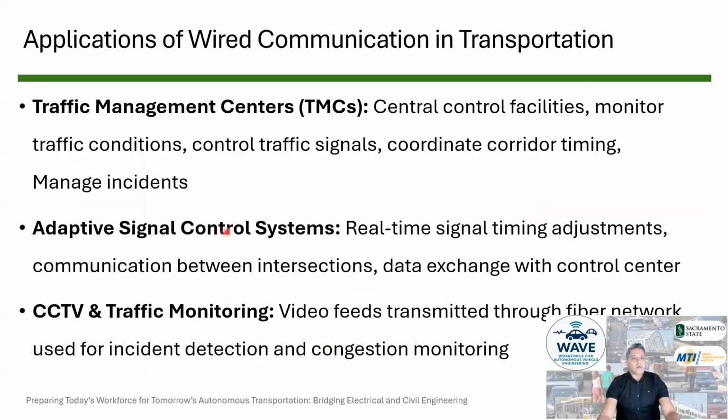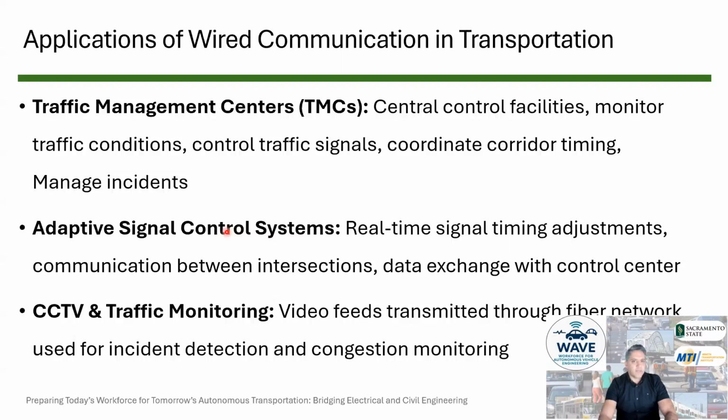But again, that's one of the ways to do wired communication. There are some applications of wired communication in transportation, for example, traffic management centers and central control facilities that monitor traffic conditions and control traffic signals. These are connected through wired communication.